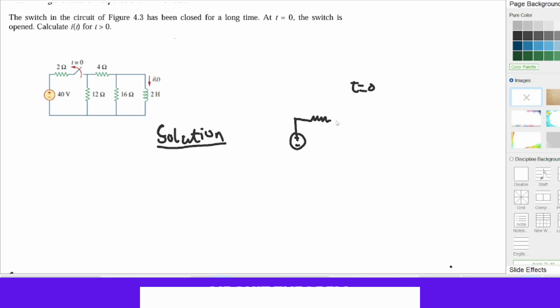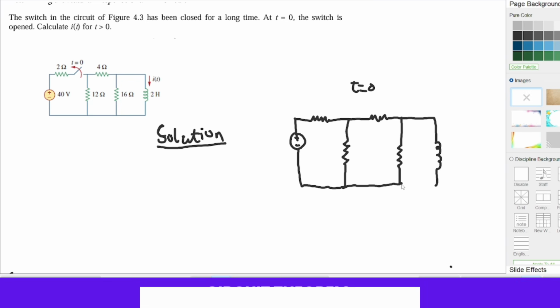A 2 ohm resistor, and the switch was closed, with another 4 ohm resistor and another 16 ohm resistor, and the inductor, 2 Henry, i(t), 4 ohms, 16 ohms, 12 ohms, and 2 ohms. We have our 40 volts here.